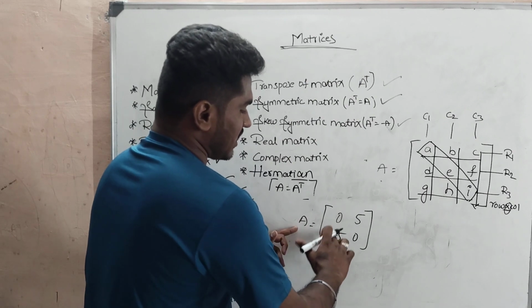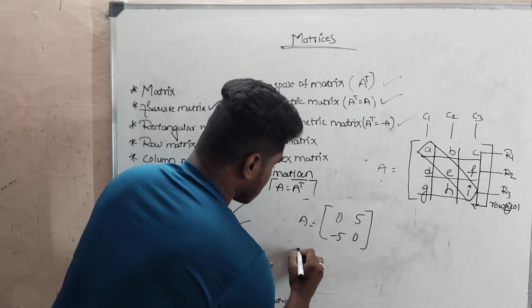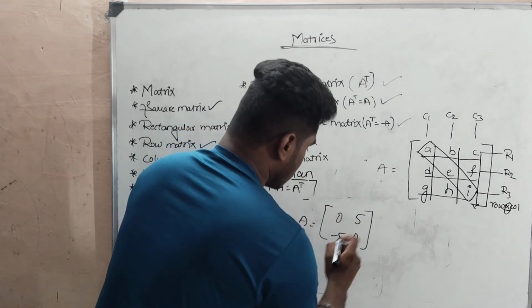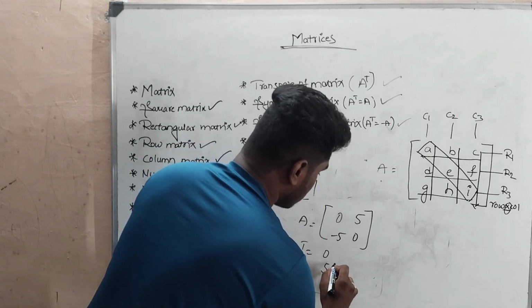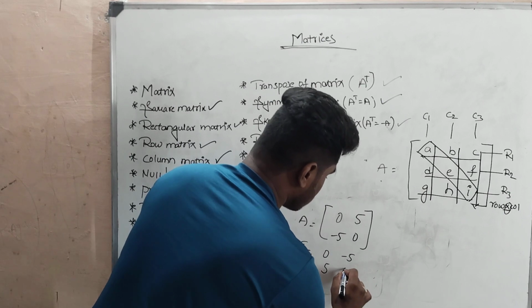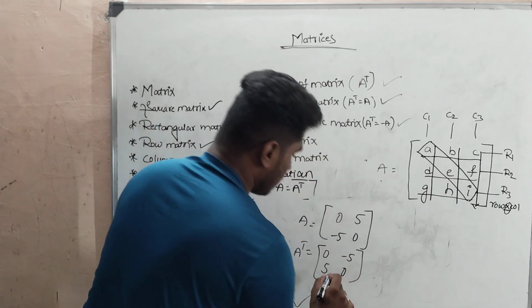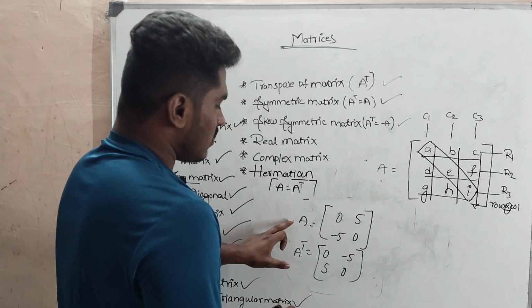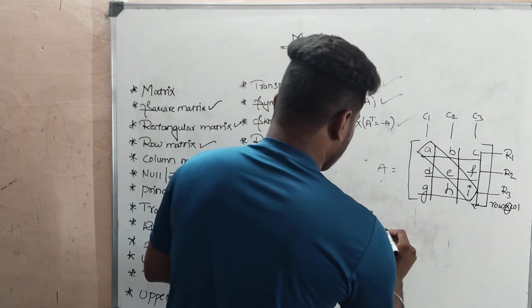So when I try to transpose this particular matrix, A transpose equals 0, 5, -5, 0, like this. So see here, what is the difference when we perform minus A?